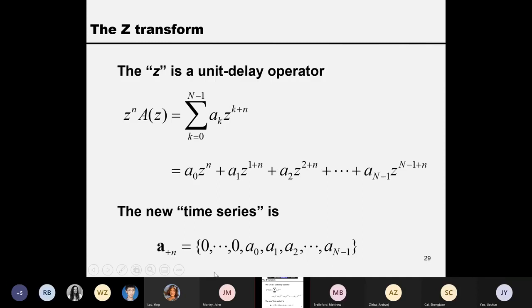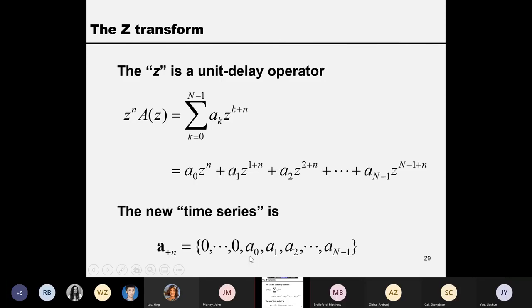If we expand that, you can see in the front I have n zeros, and then A0, A1, A2, up to A_(n-1). So multiplying by Z^n means you time shifted by n zeros, right?